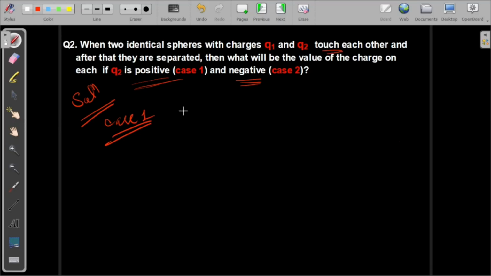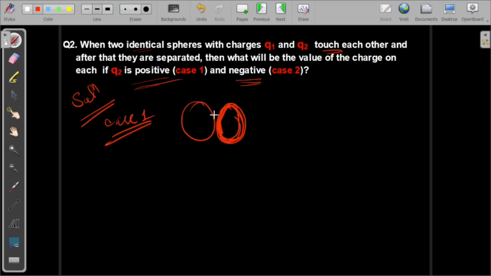And what will happen after contact? Charge transfer will happen, right? Then, identical, same shape and same size, charge transfer will happen, and after that the flow will stop.